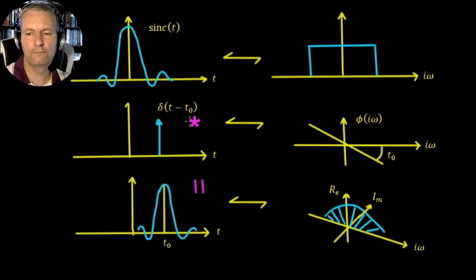So when we convolve these two functions in the time domain, it's equivalent to multiplying these two functions in the frequency domain. So in effect, all that's going to happen is that this square function is going to be multiplied by the function which shifts the phasors round by a certain angle, which is given by the delay, t naught.